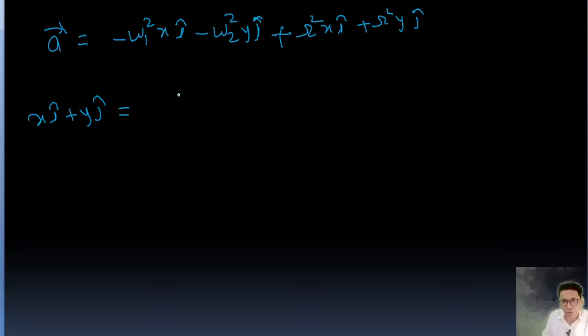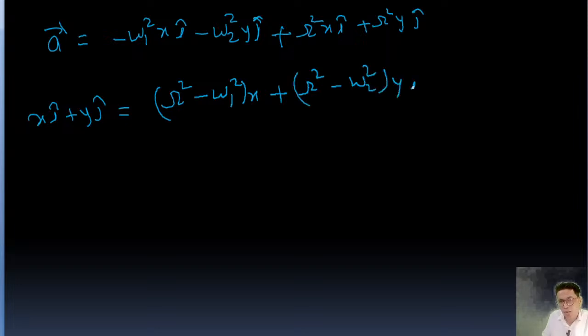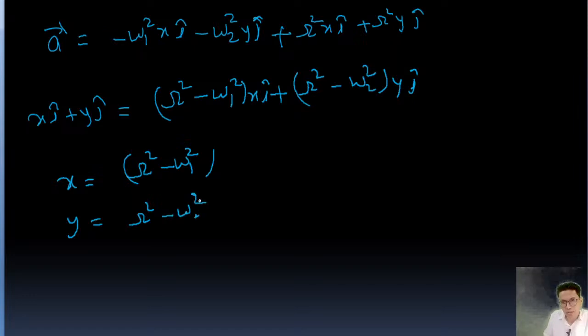We'll take this common, so this is omega square minus omega 1 square, x, plus omega square minus omega 2 square into y j cap, and this is i cap. So from here we can get the value of x as omega square minus omega 1 square, and the value of y as omega square minus omega 2 square.